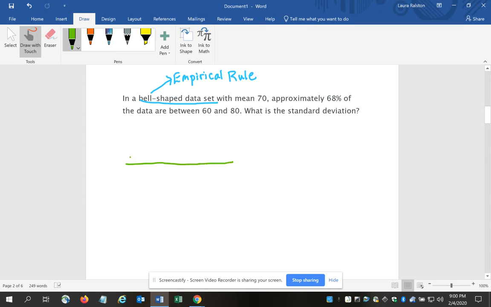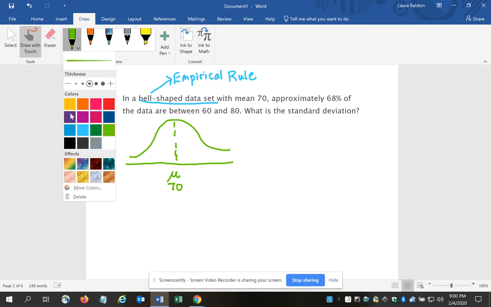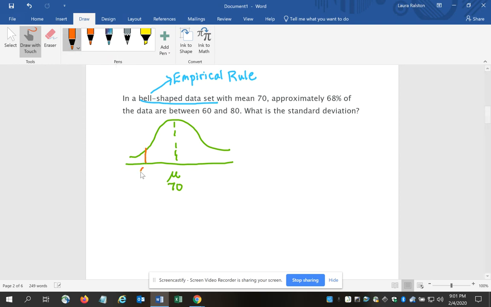We have a bell-shaped distribution. The mean, which is the measure of center, is 70. And then it gives us a low value and a high value, 60 and 80.